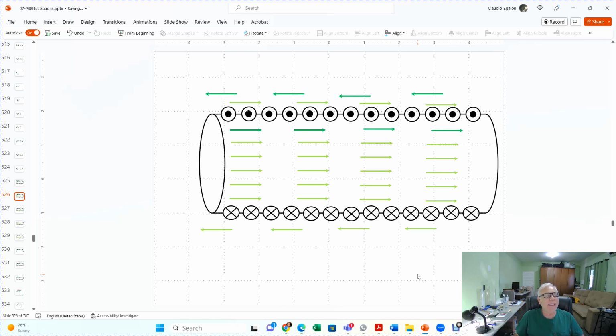And guess what? Even though this field from the bottom reinforces the field from the top inside, it cancels the field at the top outside. That's an important result that we got. B outside the solenoid is going to be approximately 0.